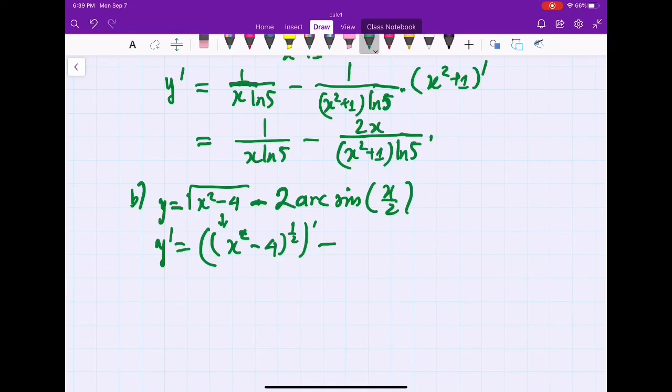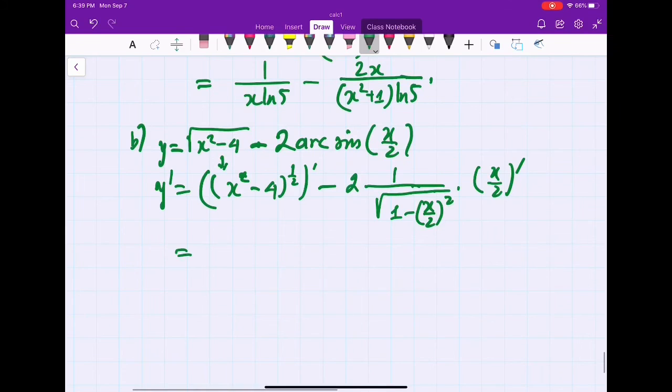Here we already have the formula, and that is 2 times, right? 1 over the square root of 1 minus x over 2 squared times the derivative of x over 2.